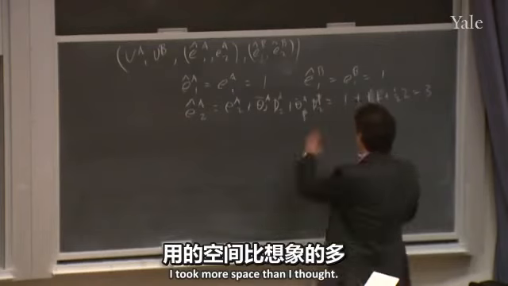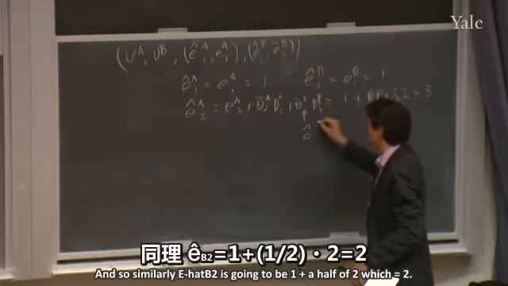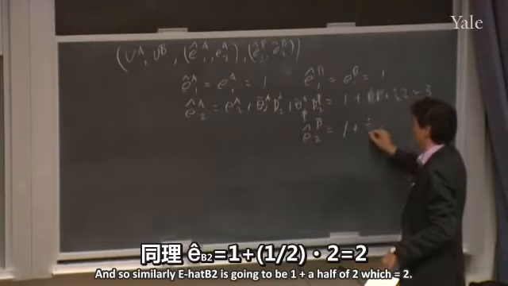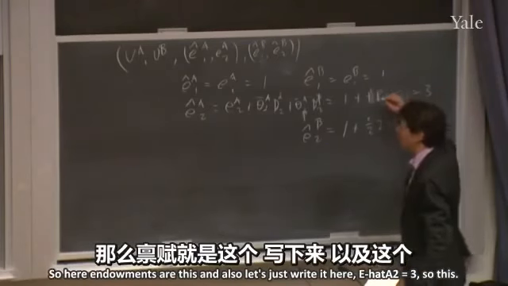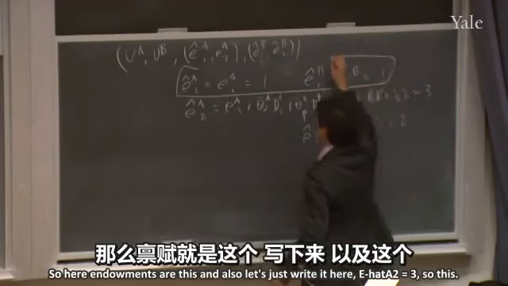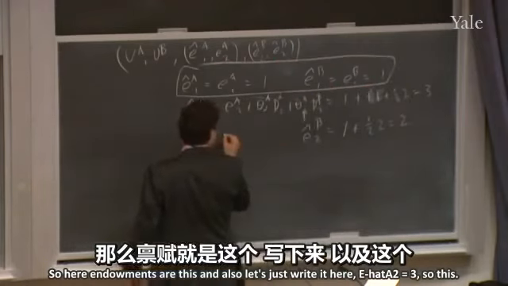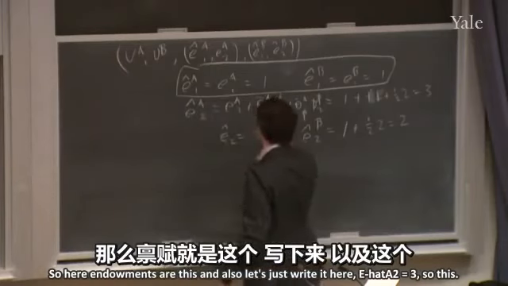And so similarly, E hat B2 is going to be 1 plus a half of 2, which equals 2. Okay, so here the endowments are this. And also, let's just write it here, E hat A2 equals 3.